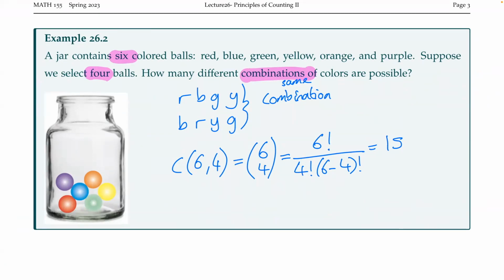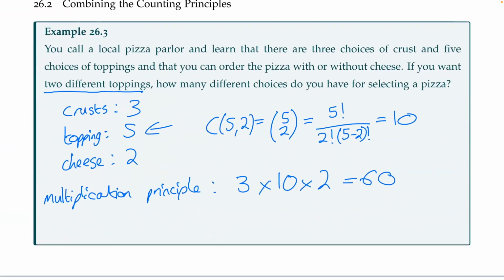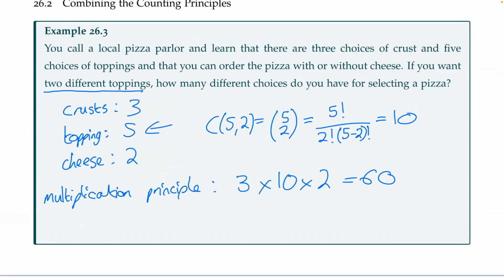So we have 6 objects and we're choosing 4 of them without repetition. That's 6 choose 4, which is 6 factorial over 4 factorial times 6 minus 4 factorial, which in this case is 15. As before, we can do various types of cancellation to make these simpler sometimes.